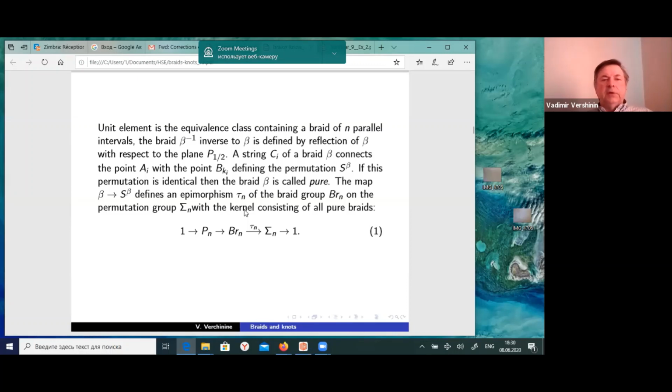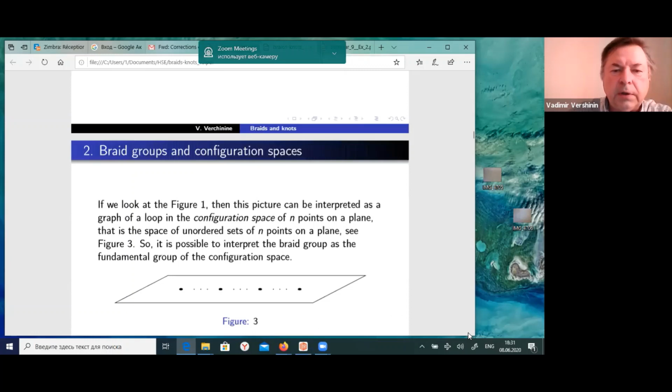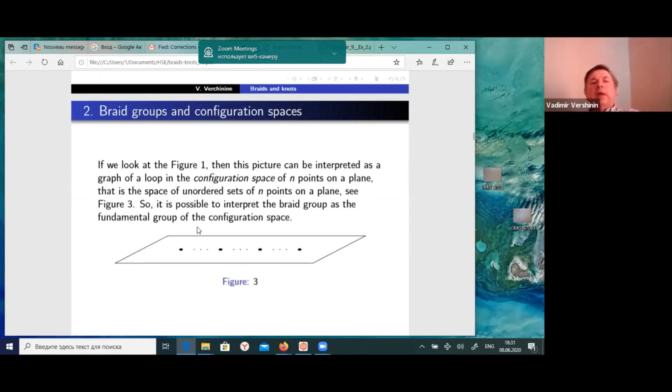To make the previous consideration strict, we consider the notion of configuration space. So let us consider the following. If we look at the first picture and you consider the endpoints on the plane, let it be here just the plane R2, and you consider endpoints on the plane.